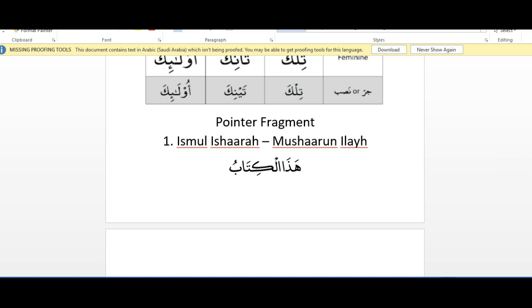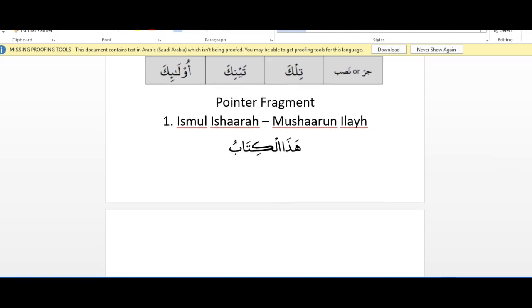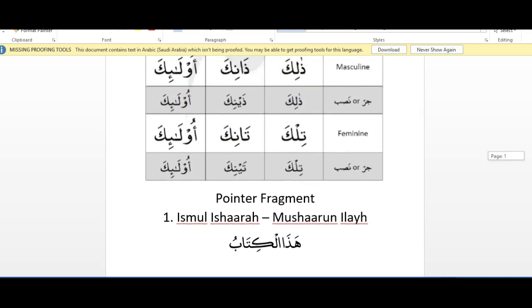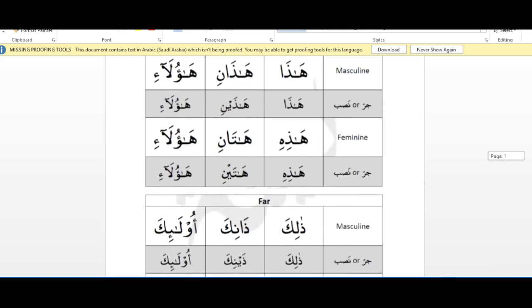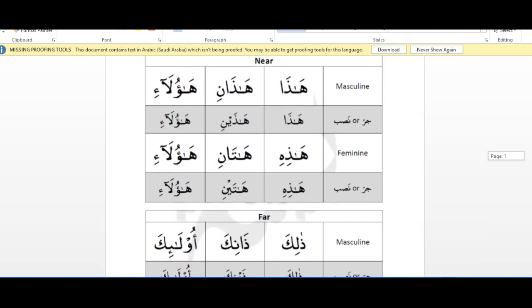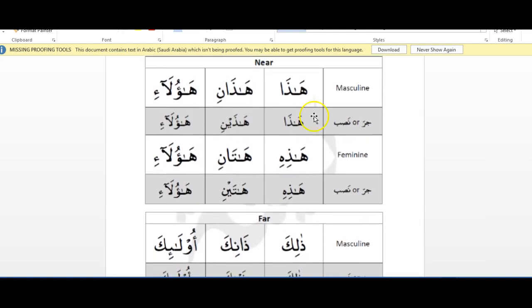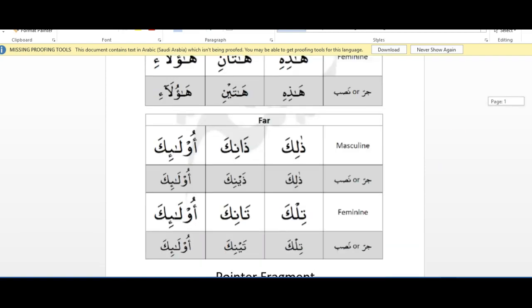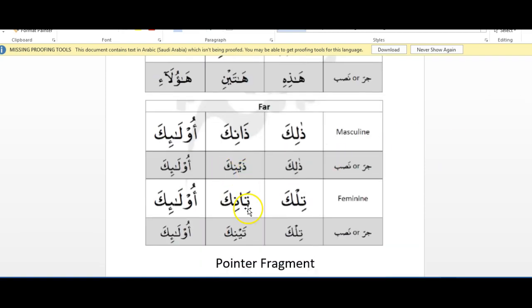And what other pointers are there? If you look at the chart itself, you'll notice how all of these words are non-flexible. Meaning hada will be hada in rafa, hada in nasb, hada in jar, as you can see. So all of these are non-flexible except for the pairs. Hadani will become hadaini, hatani will become hataini, dhanika will become dhainika.